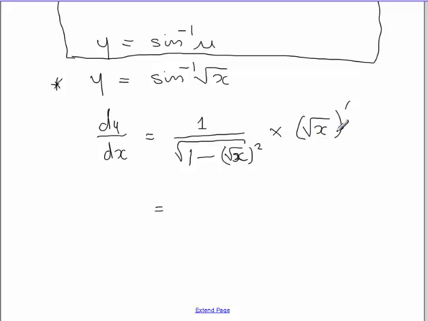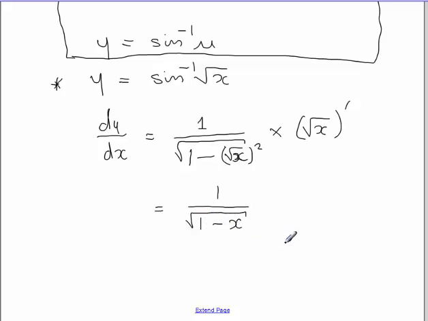So now we need to carry out this differentiation. It's just rearranging according to the formula, and the differentiation goes there. But the radical sign like this is power half. So I'm going to repeat this: 1 over 1 minus x.